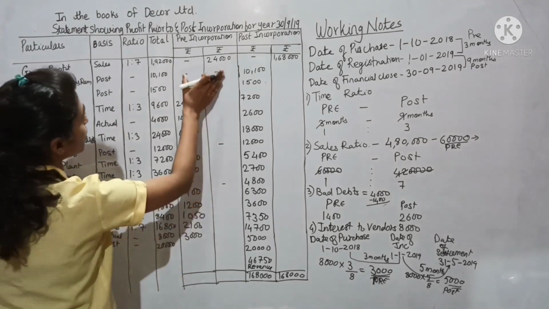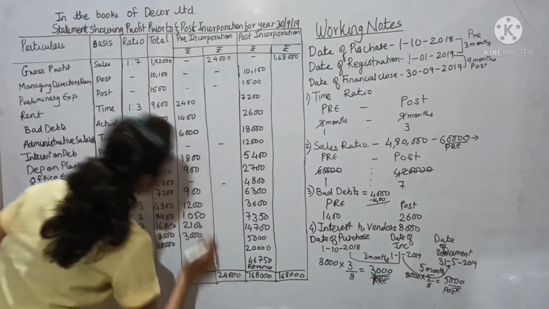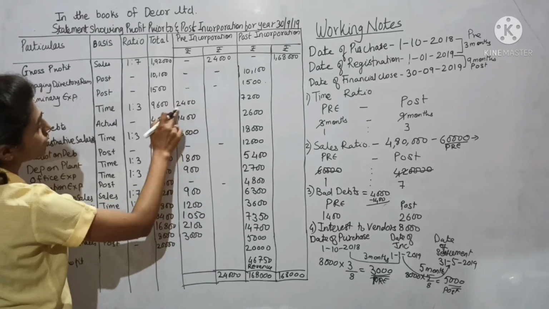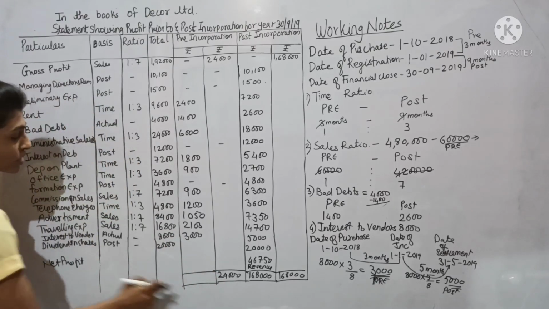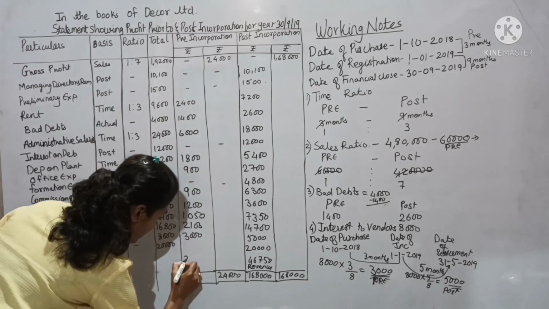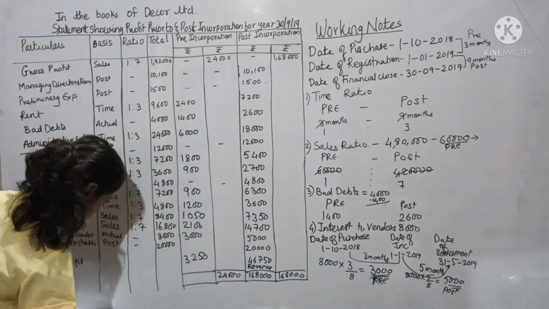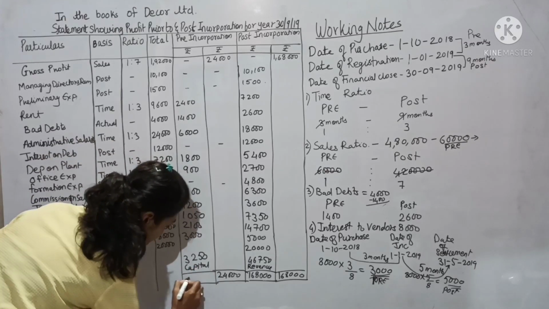So now close pre-incorporation; the total is 24,000. Add all the values on the pre-incorporation debit side, subtract from 24,000, and whatever the difference is will be capital profit. So the difference is 3,250, and this will be called capital profit.